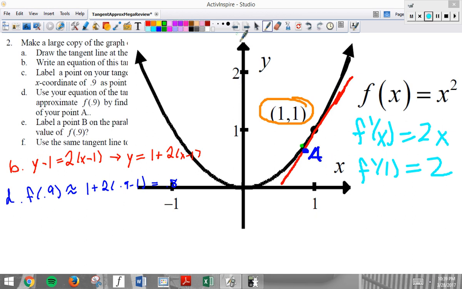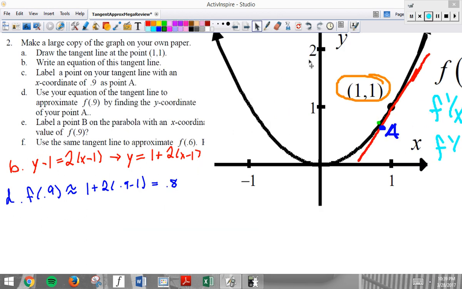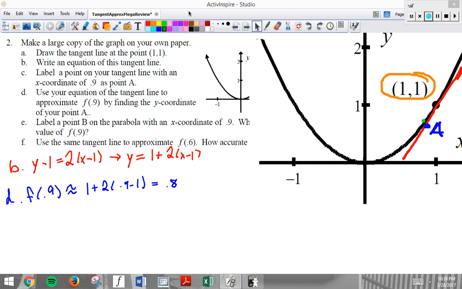But they're not disagreeing by very much. What's the value of f of 0.9? E. F of 0.9 is 0.9 quantity squared, which is 0.81.